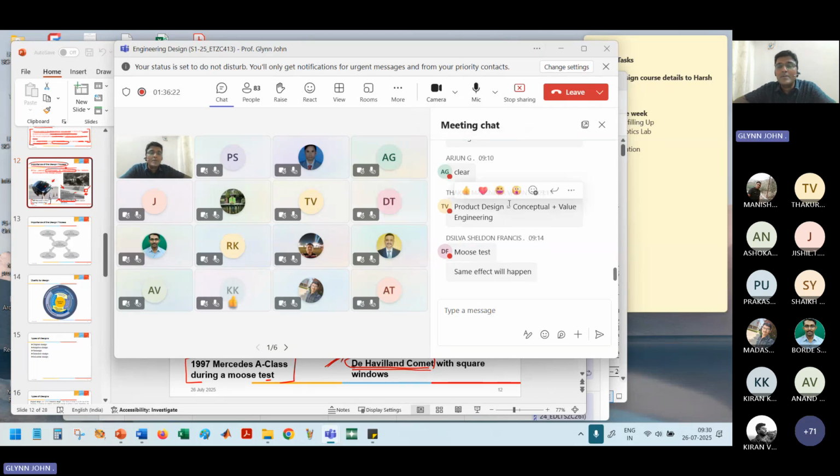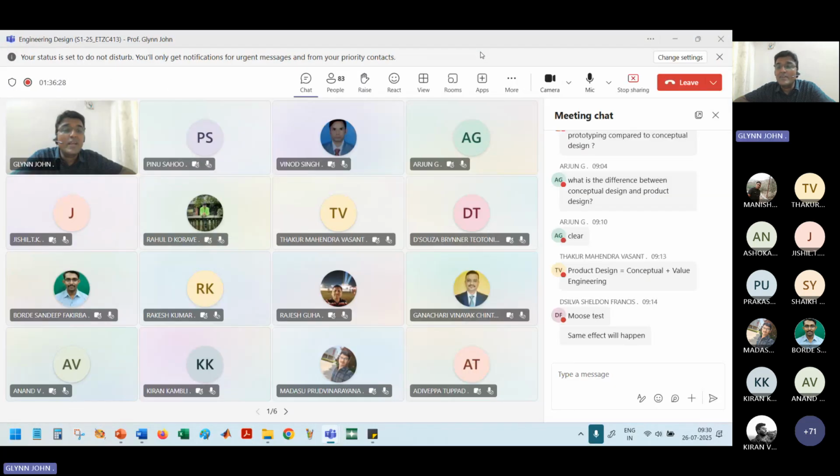Okay, so you cannot just say value engineering. That's one way of looking at it. But in product design, the most important part, even before conceptual design, is that you have to understand what is needed. So understanding the customer's needs is the most important thing in product design.